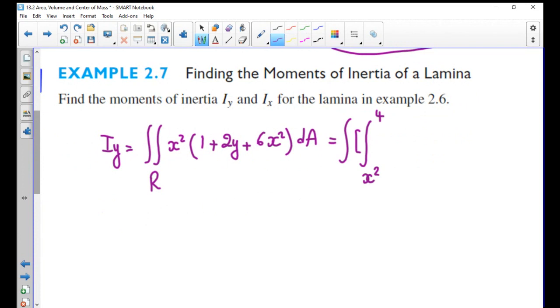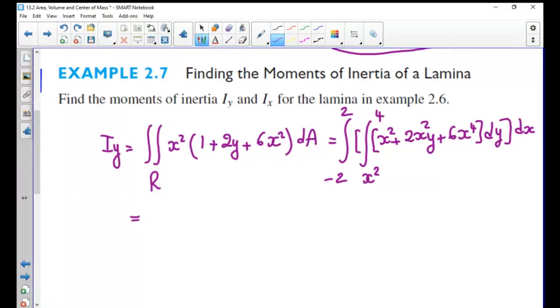So this will be x squared plus 2x squared y plus 6x to the power of 4. So this with respect to y, and then the answer with respect to x from minus 2 to 2, like this.